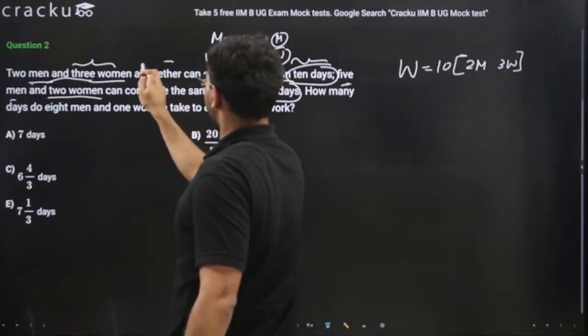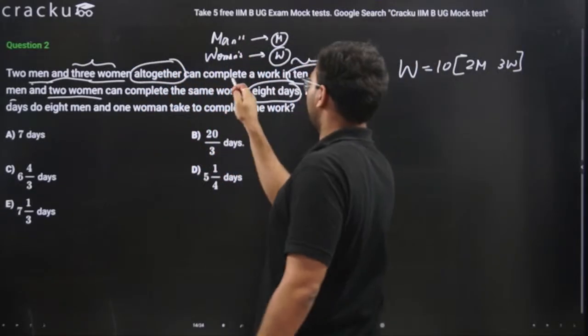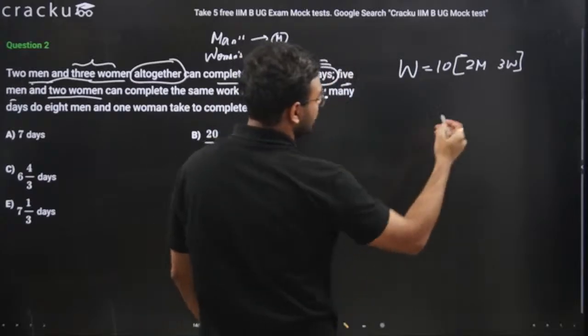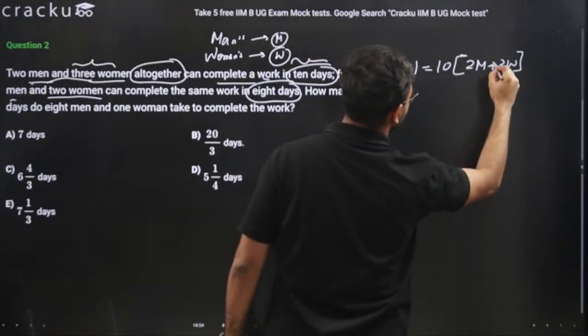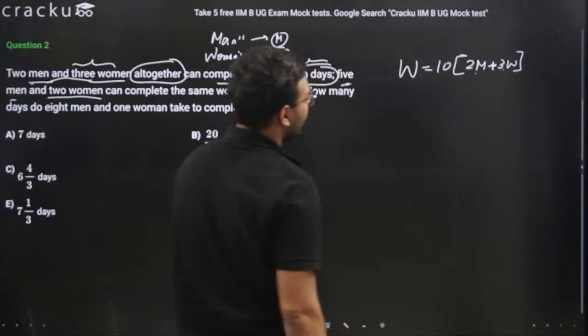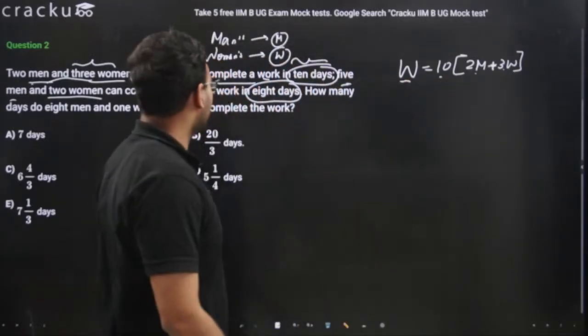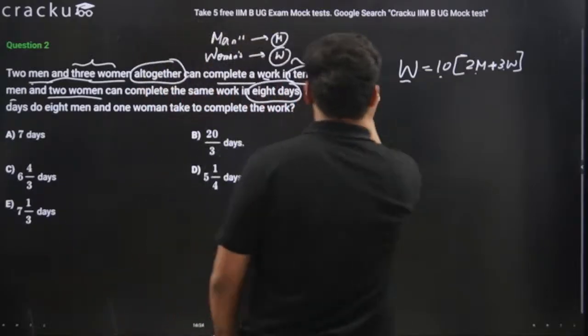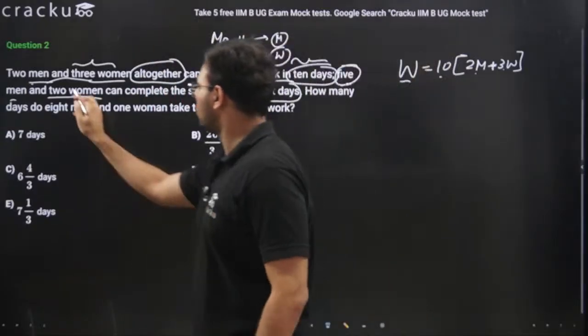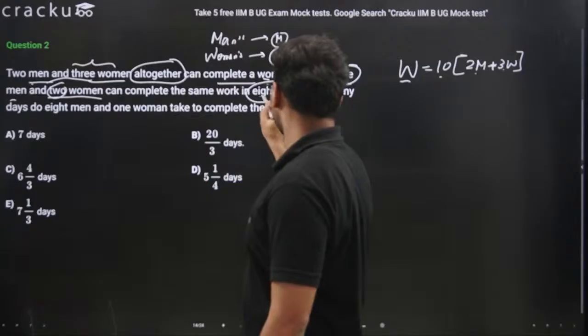They are working together and complete the work in 10 days. So 2M plus 3W. 2 men and 3 women are taking 10 days to complete the work W. It is further given in the question, 5 men and 2 women can complete the same work in 8 days.